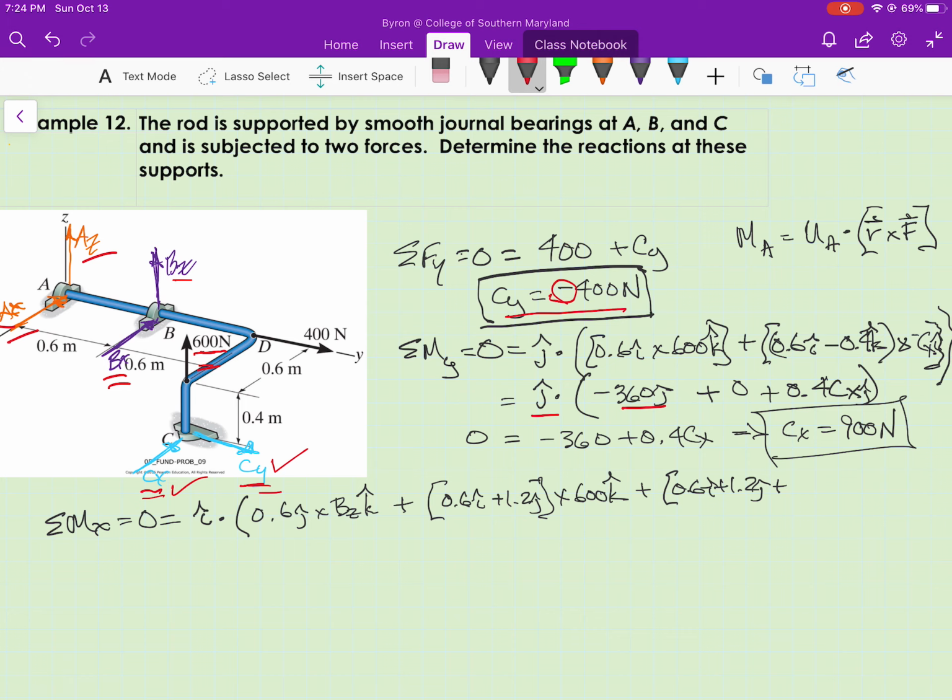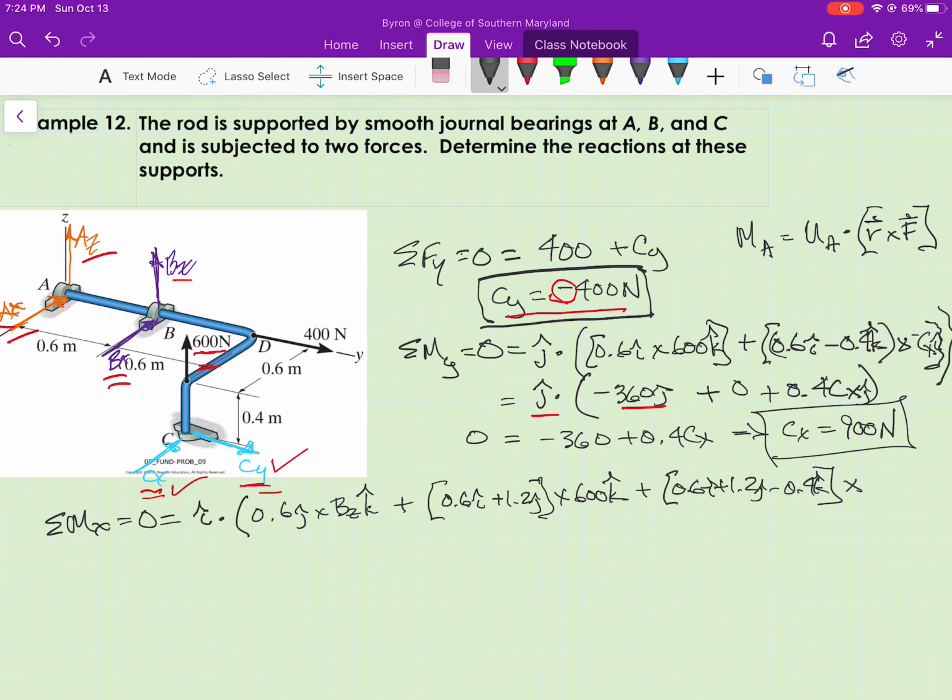I'm sort of jumping the gun a little bit here. I apologize, I didn't put my, this would be minus 0.4k, and I'm sorry, I jumped the gun there just a little bit.